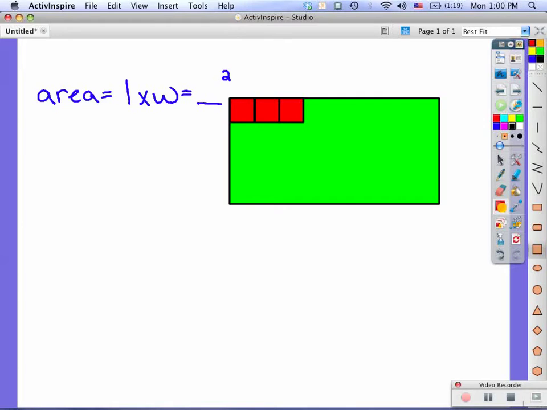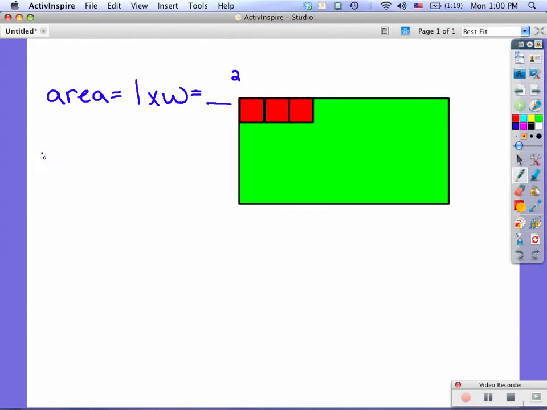Okay, and it would be how many of that you would need to take to fill the whole space. We're talking about perimeter, where you add up all the sides. I can say side plus side plus side, but we know that this is the width and this is the length.